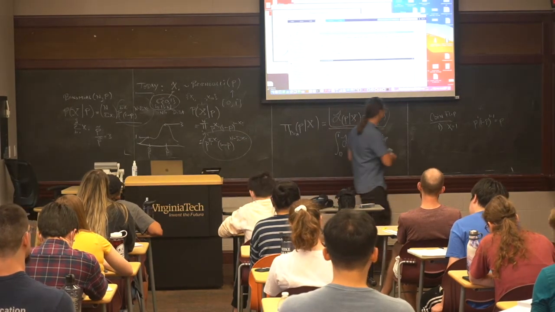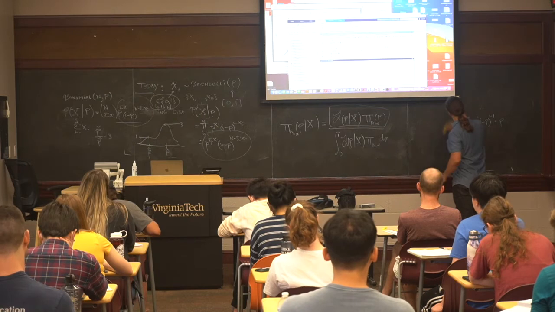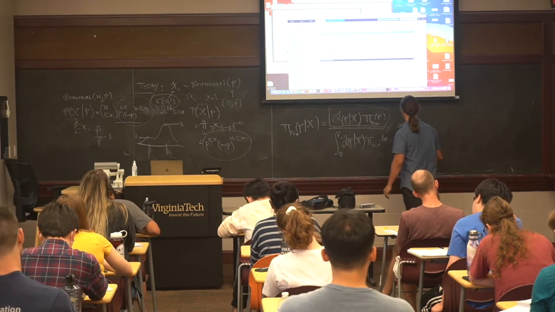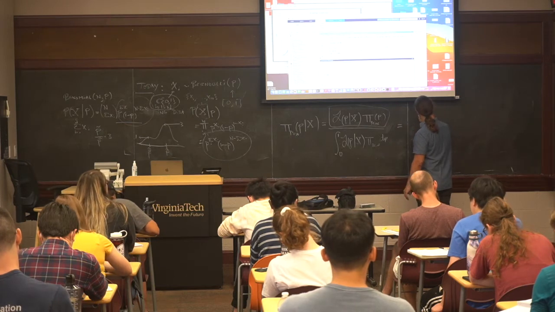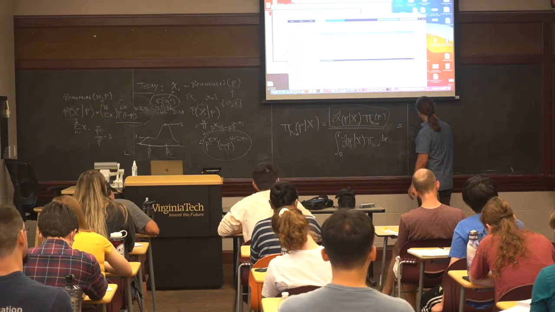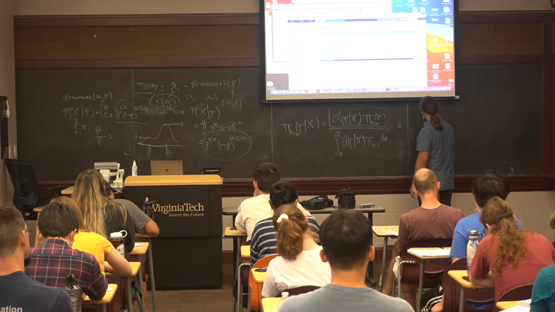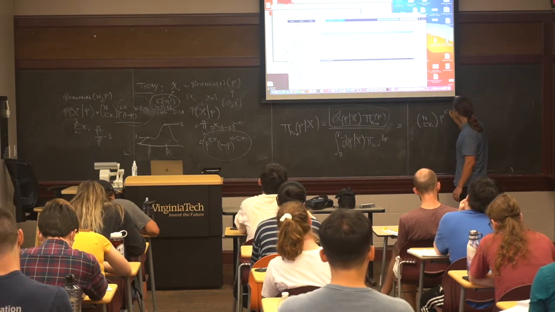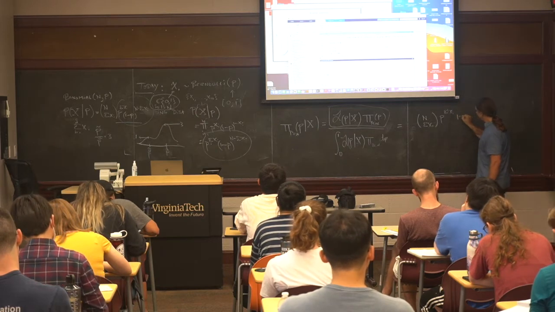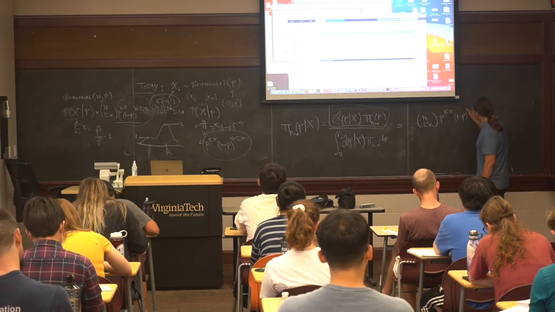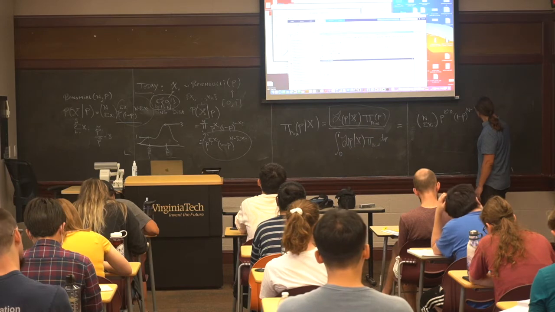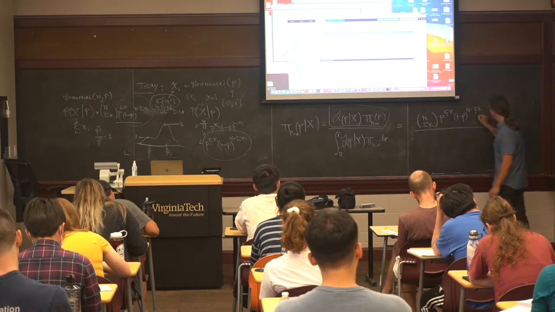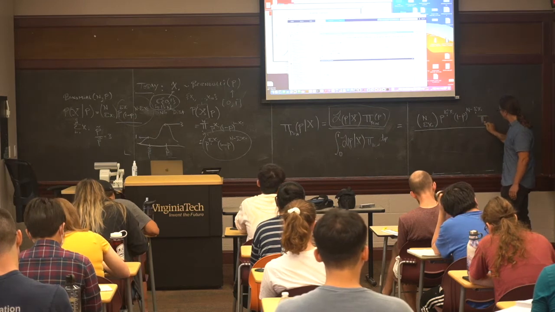So let's just do this. So this thing is going to be equal to, I'll do this if you'd like, sum of the xi's, so you can see them cancel each other. P to the sum of the xi's, 1 minus p to the n minus sum of the xi's, divided by, oops, I need a prior, times my prior.